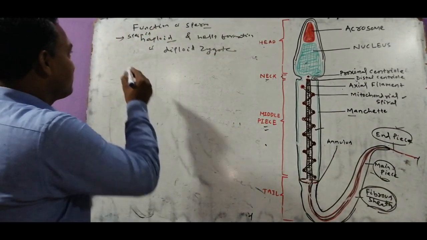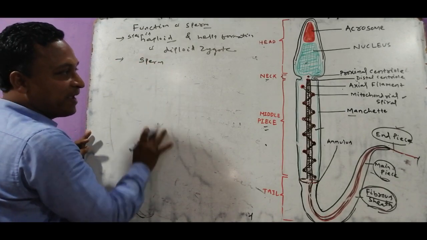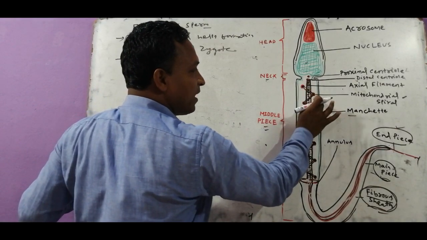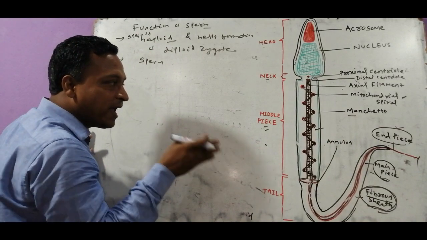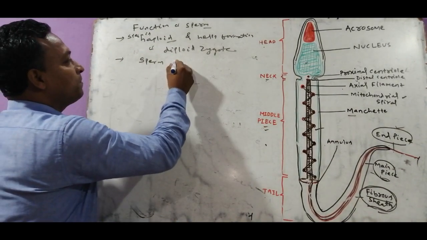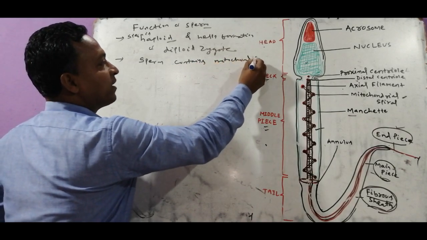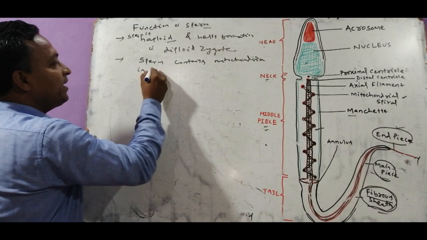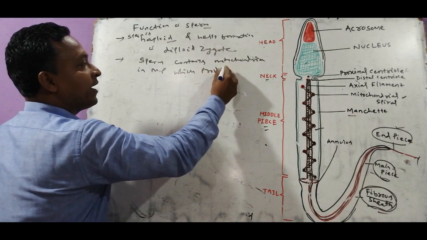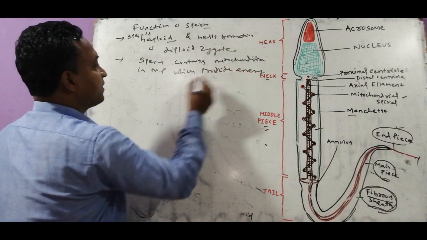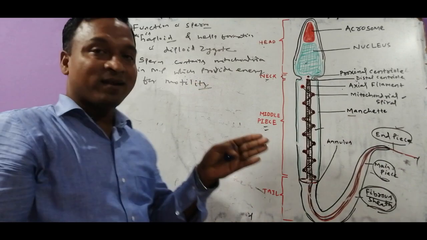Point number 3: the sperm contains mitochondria in the middle piece, the mitochondrial spiral, which provides energy for motility and movement.